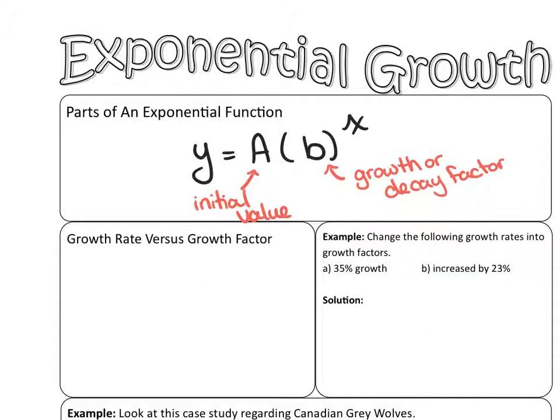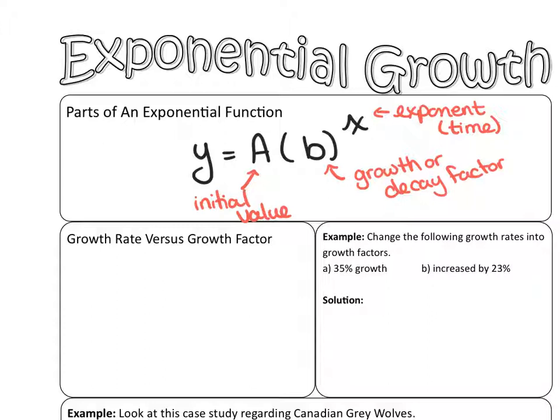And then x was your exponent. It was usually, for these examples, a representation of time. So it could be hours or days or years. It just depends on the type of question and what you're looking at in terms of exponential growth or decay.